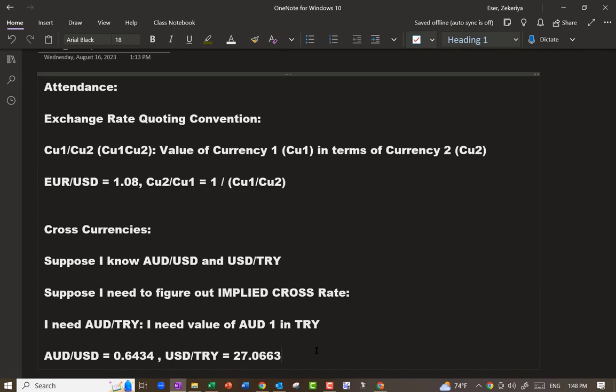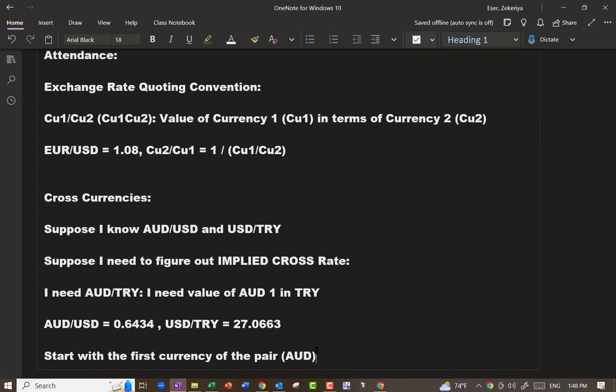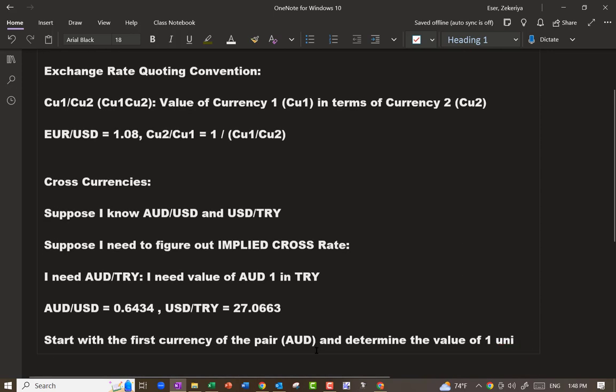All right. Start with the first currency of the pair, in this case AUD, okay? And determine the value of 1 unit of that currency in US dollars.